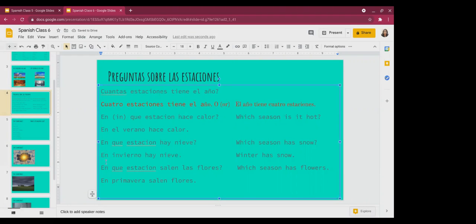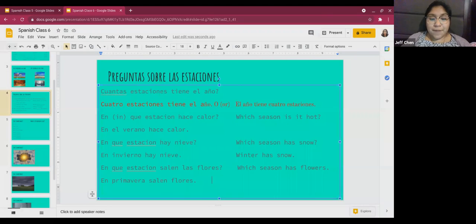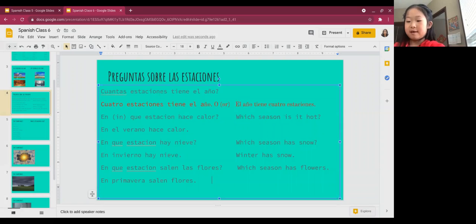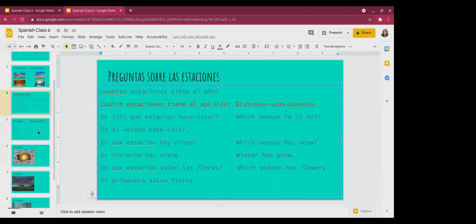So it means to come out. En primavera salen flores. In spring, flowers come out. How do you say flower? Flores. Yes. Flores. Muy bien. En primavera salen flores, right?